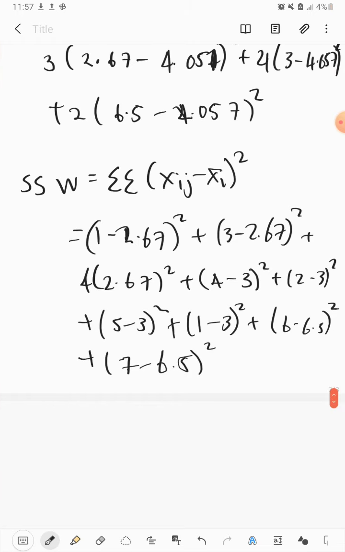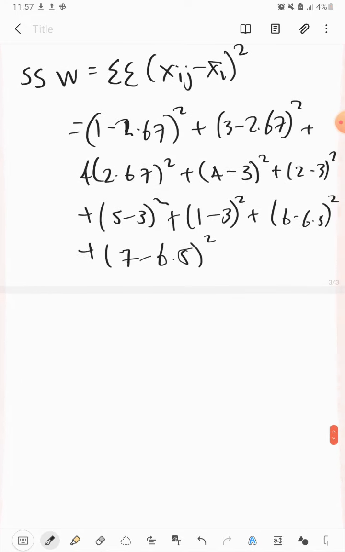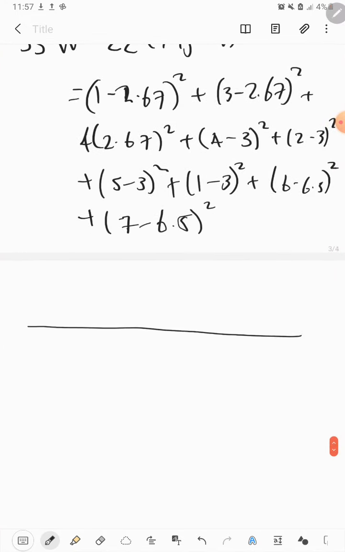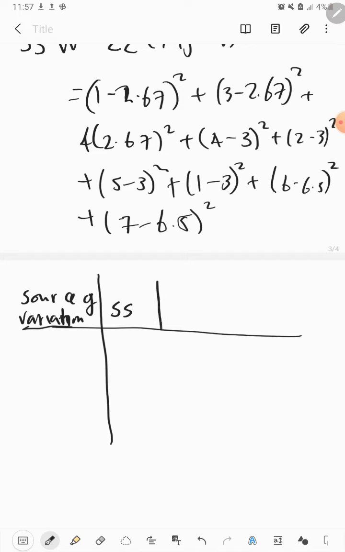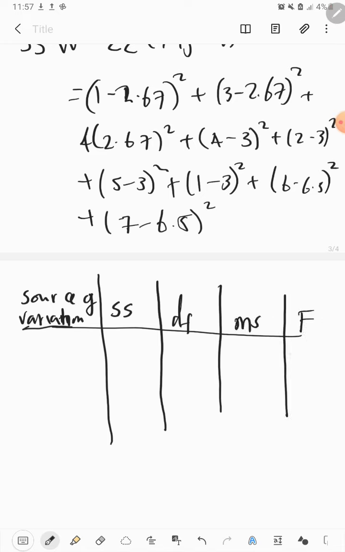After doing this, you have to put it across in the ANOVA table. Okay, so this is the ANOVA table. Now this will lead us to finding the F calculated. So we start with the source of variation, then the sum of squares, the degrees of freedom, the mean squares, and the F ratio.